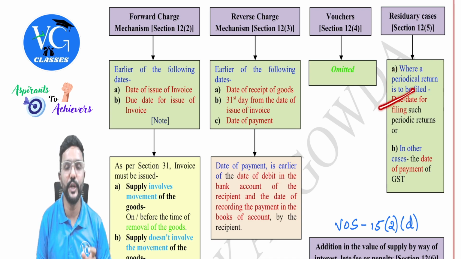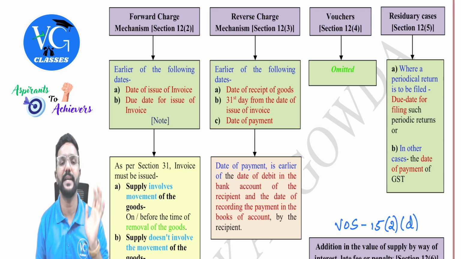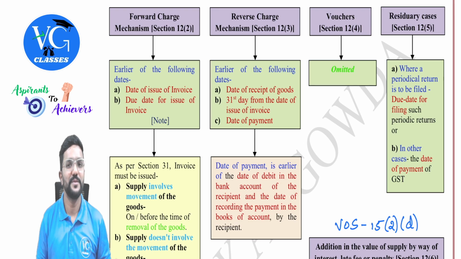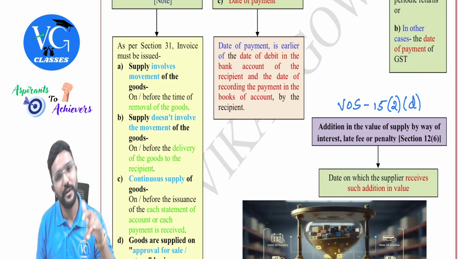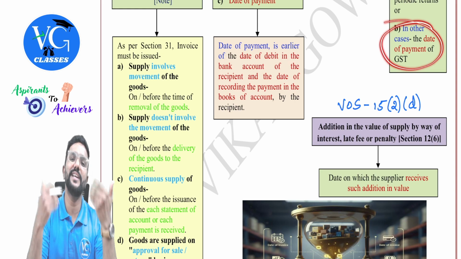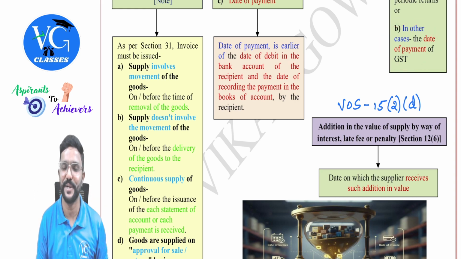If yes, then the due date to file that return is the time of supply. Sir, what if he is not filing any return also? Then the last case, whatever day he pays GST, we consider that only as the time of supply. You please pay. That's all. It is like a last resort.